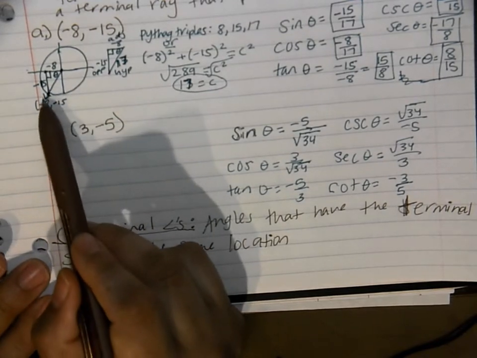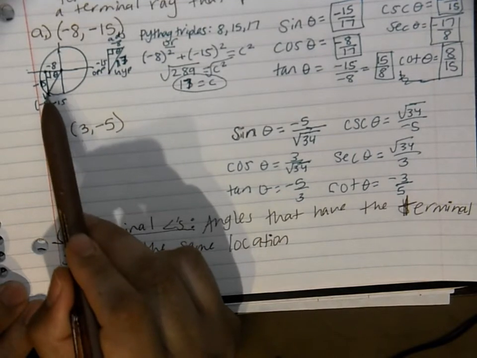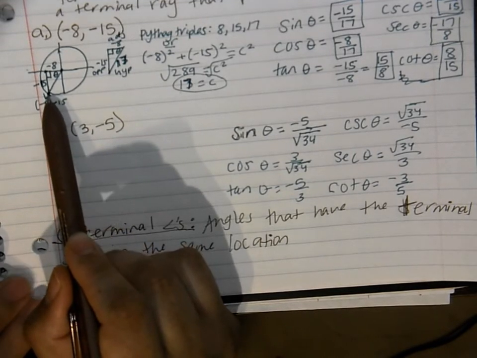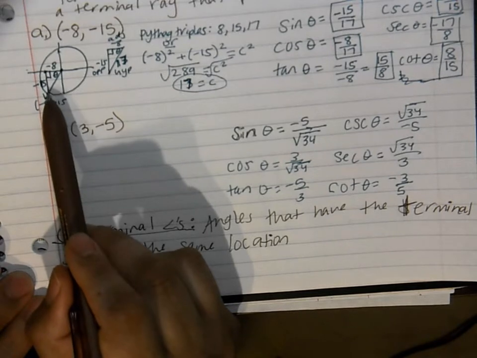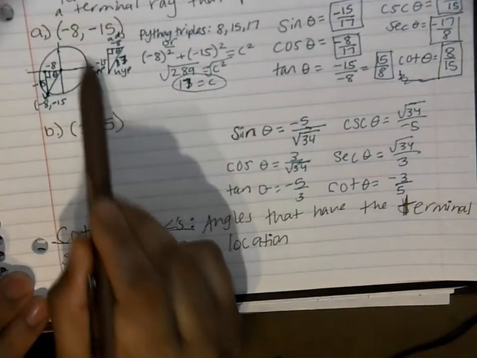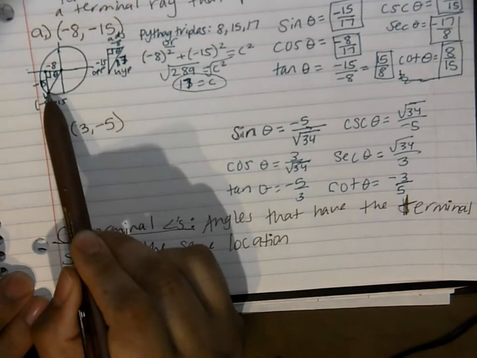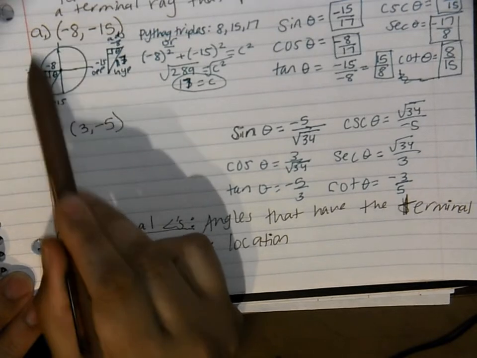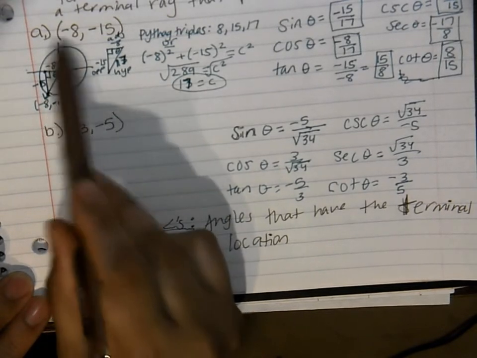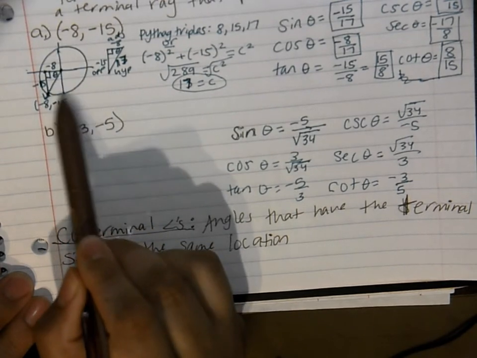So if it's something like 215 degrees, that location right here, and I wanted to find a coterminal angle, what that means is you could do another rotation around, or revolution, and end up at the same location again. In order to do that, I would just add 360 degrees because that's one full circle. I could also subtract 360 if I want to go backwards and come around.